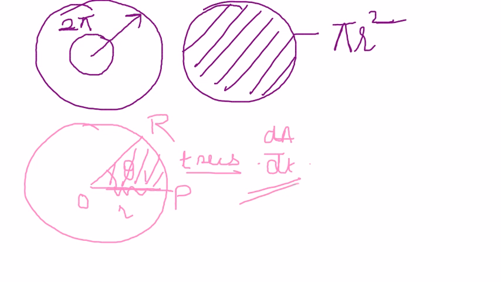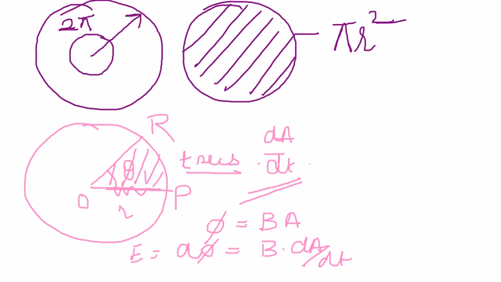Why we are finding out dA dt is because phi is equal to B into A, d phi dt is equal to B into dA dt. So our induced EMF is equal to B into dA dt. B is constant and is equal to 0.5 Tesla. But we do not know what is the rate of change of the area.